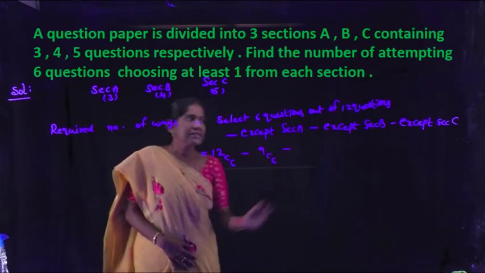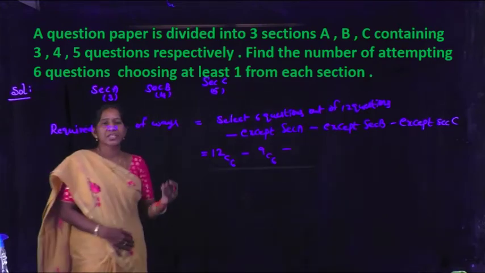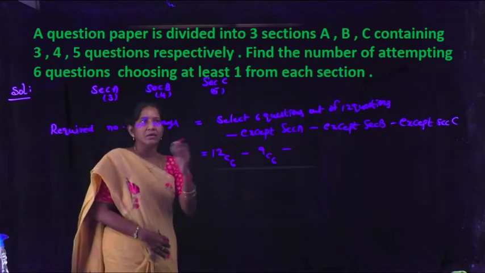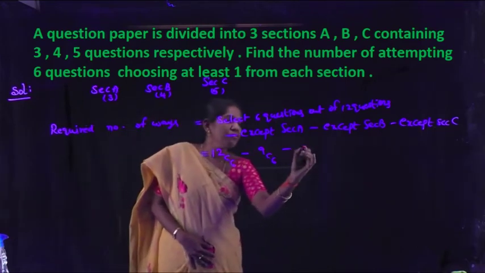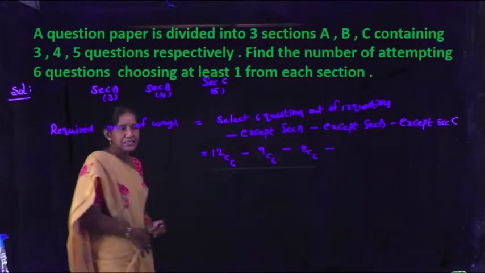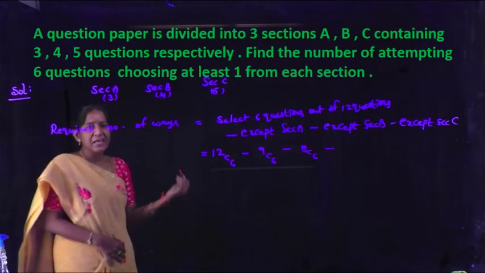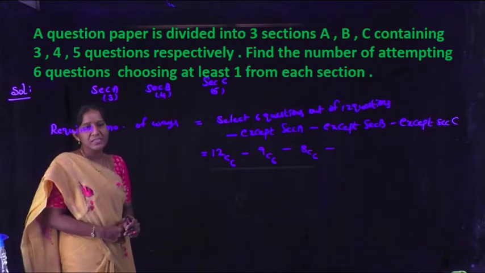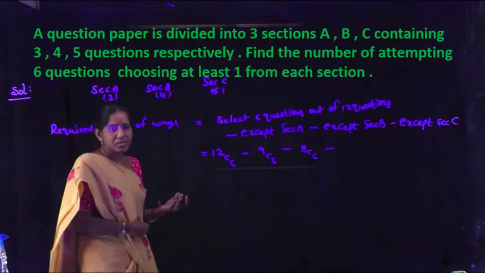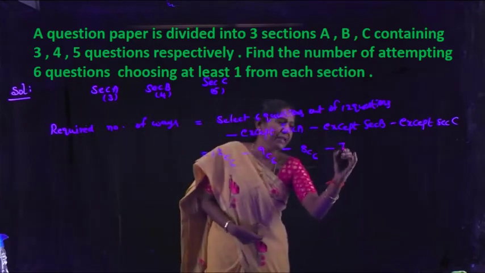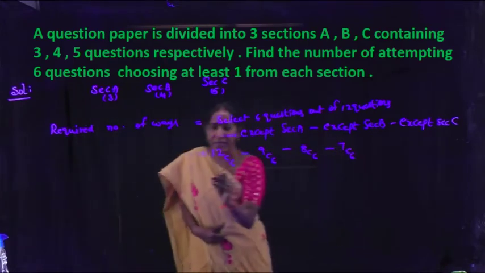Minus except section B. In section B there are 4 questions. Except section B means there are 8 questions. Out of these 8 questions, choose 6 questions in 8C6 ways. Minus except section C. Remaining questions, we have 7 questions. From those 7 questions, we have to choose 6 questions, which can be done in 7C6 ways.